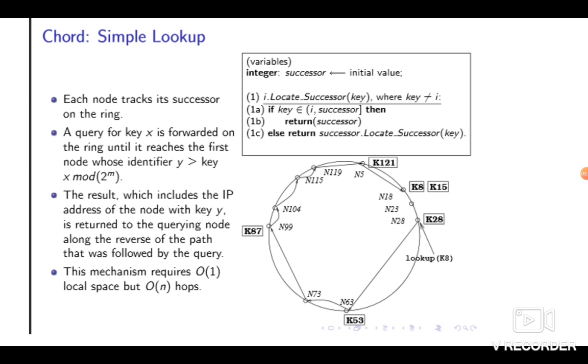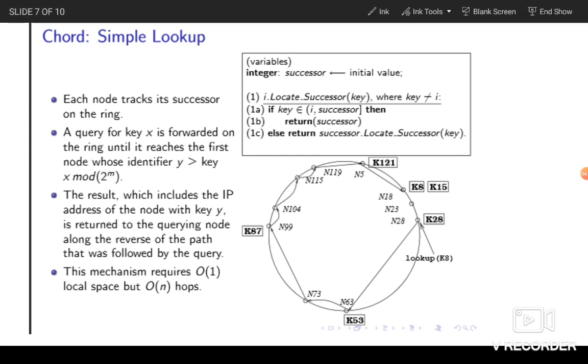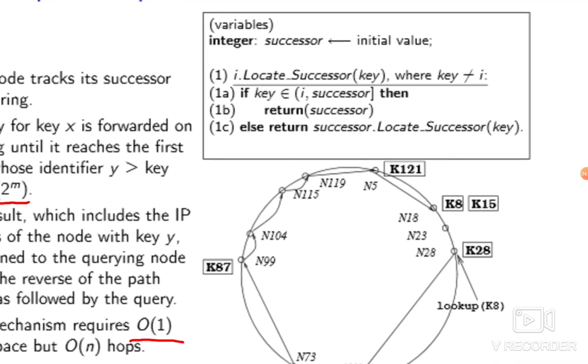The request is forwarded to every node until it reaches the first node that satisfies the condition: the key value should be less than or equal to the node identifier. When we apply the computation, don't forget to apply the modulus operation also. This mechanism requires order of one local space and order of n hop movements.